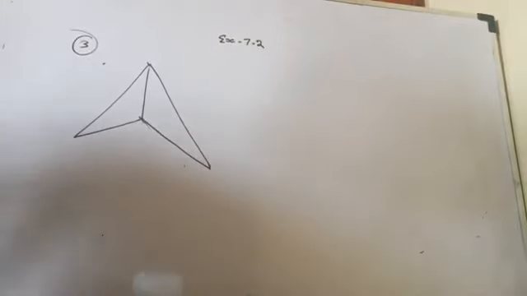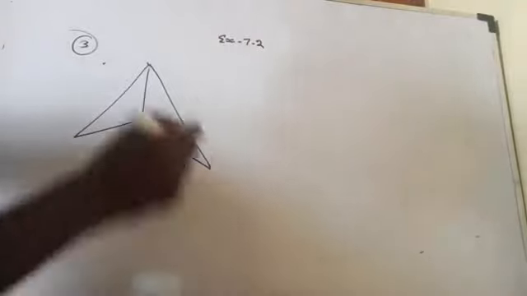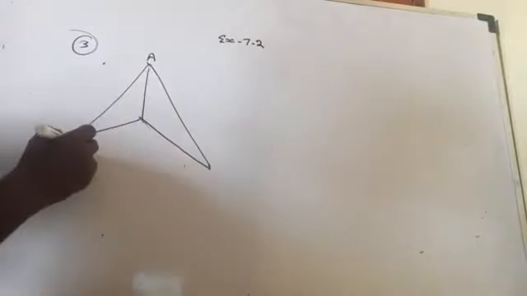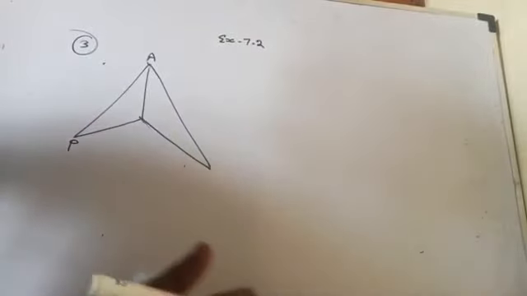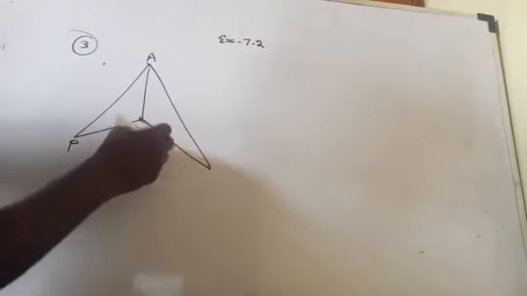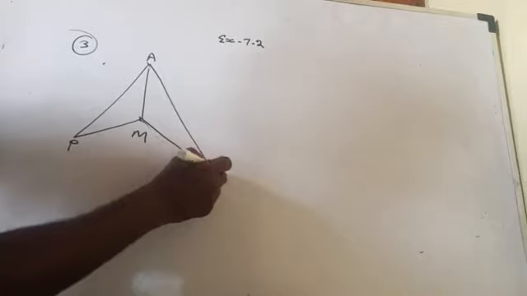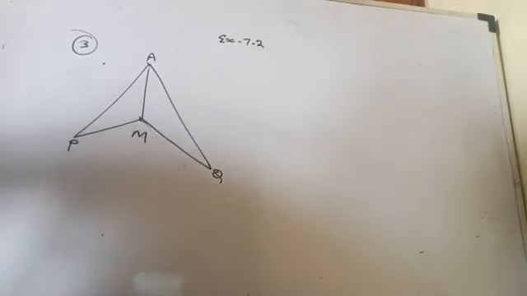So this is the given diagram. You have to say that it is A, it is P, it is M, it is Q. Am I right?